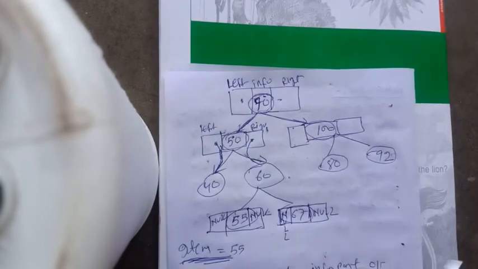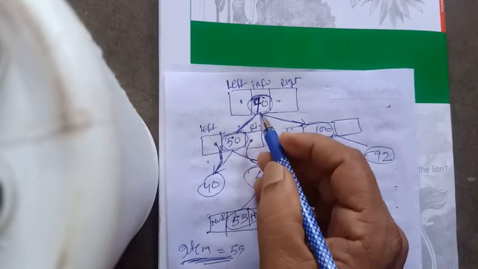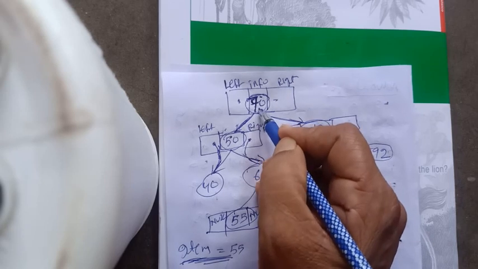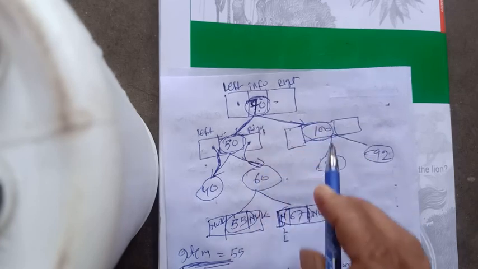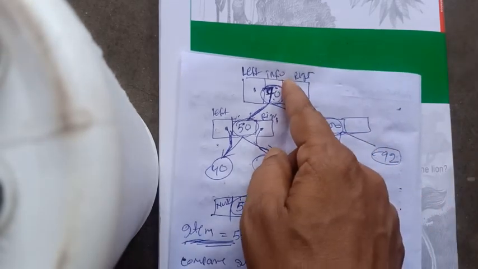So if I compare an item with the root node, which is 70, and I realize that the data value is less than 70, then definitely, if at all we have to perform the search operation, we should search for the data in the left subtree.